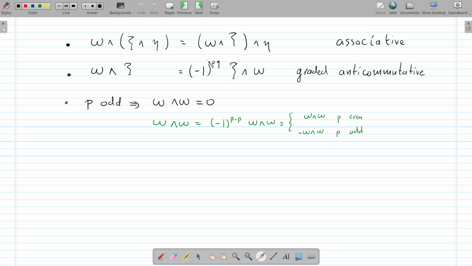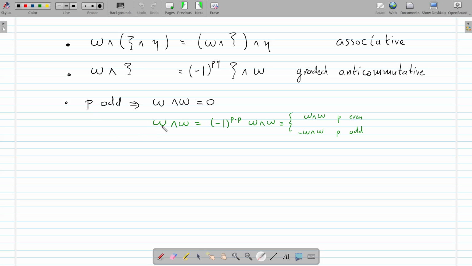So if omega is a p form and xi is a q form, the sign here is given by minus 1 to the power p times q. And that leads us to the conclusion that omega wedge omega with itself is 0 whenever p is odd.